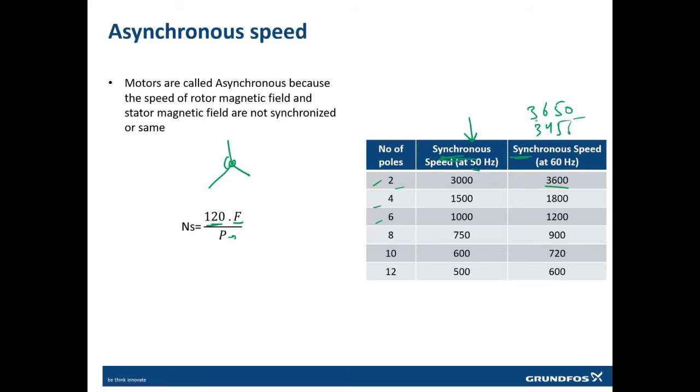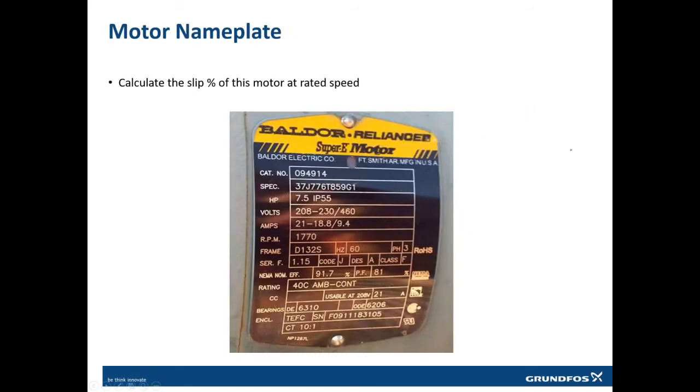Why is that? Because this difference is considered as slip. So the percentage slip is a characteristic of the motor, which is defined as how much difference there will be. IEC defines some standard percentages of slip.